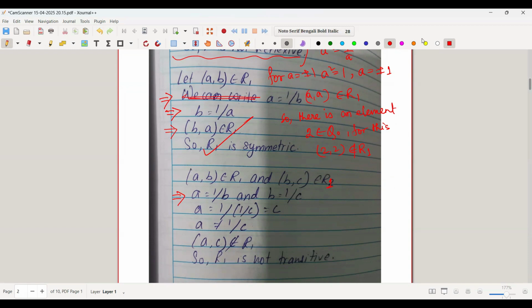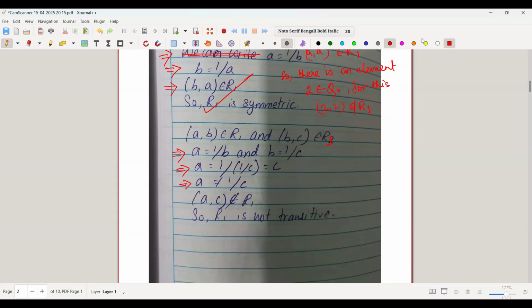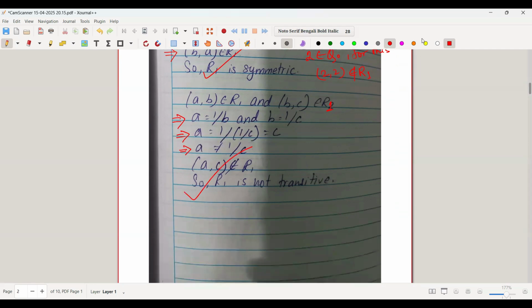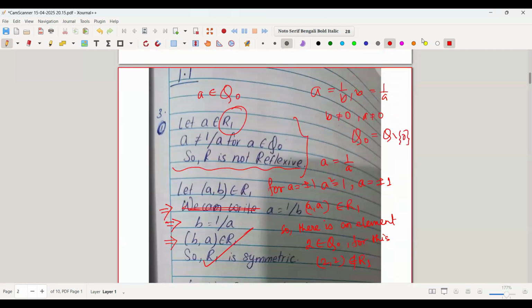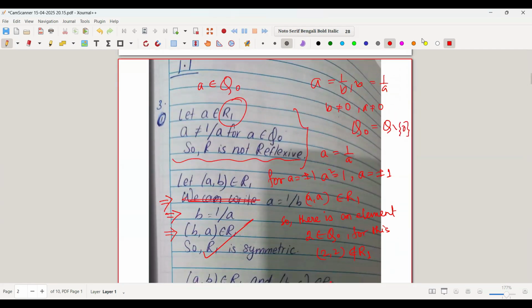So that implies a equals 1 by 1 by c, equals c. So that implies a is not equal to 1 by c. (a, c) does not belong to R1. So R1 is not transitive.